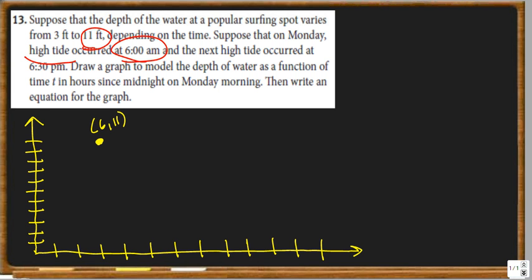It also tells us that our next high tide is going to occur at 6:30 p.m. So all we have to do is just move on down the line and plot another point. Since we wrote our axes like this, we need to convert this to military time.